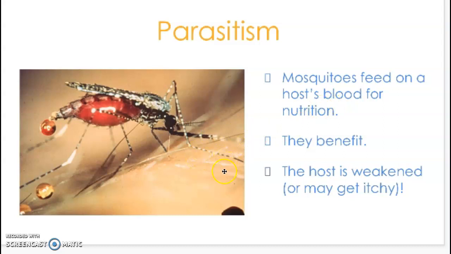So the host in this case might be us. We get bitten by mosquitoes, the blood enters our bloodstream, but it usually doesn't do much to us. But it may weaken us, you might get itchiness or a rash, but this is an example of parasitism.